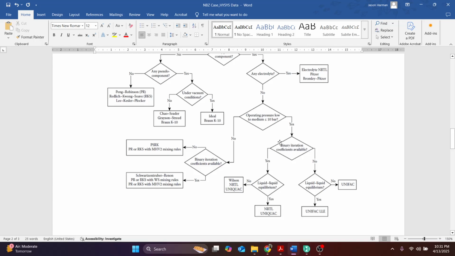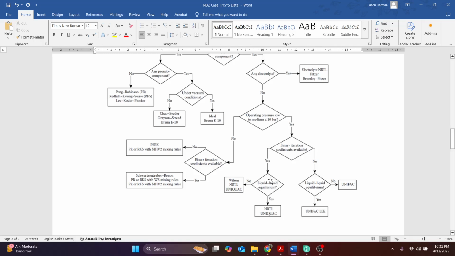Yes, this is about whether there is enough data. Do we have liquid-liquid equilibrium? Yes, because later, to separate the product, we'll be using a distillation column, and it will all be in liquid form, so we must have an equilibrium there.